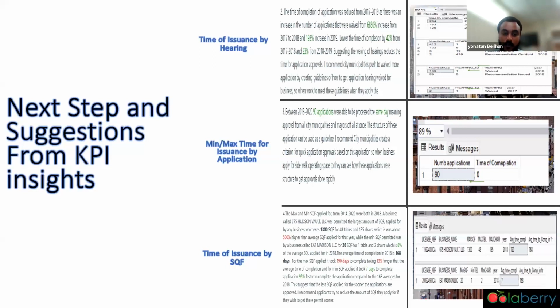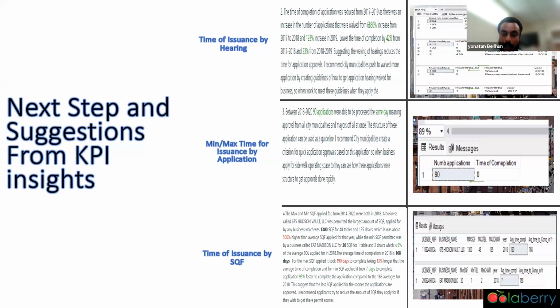Between 2018 and 2020, about 90 applications were processed the same day. That could be a red flag, or it could also be a great insight. The municipalities can review these applications and see what factors got these applications approved so quickly and create guidelines for these businesses.